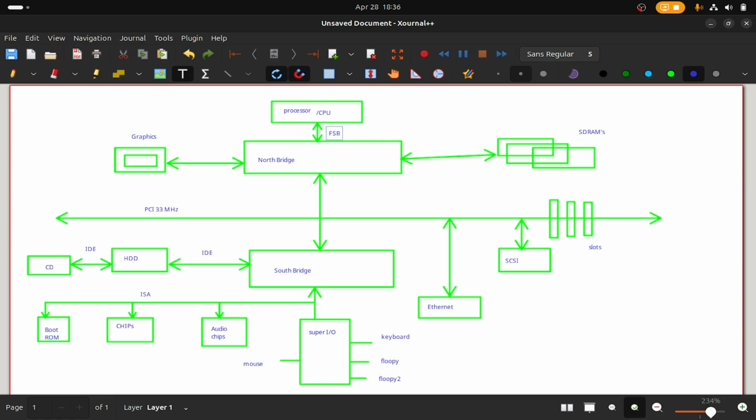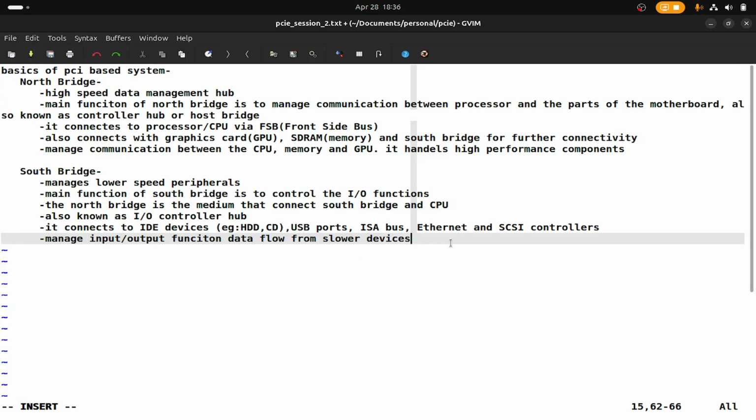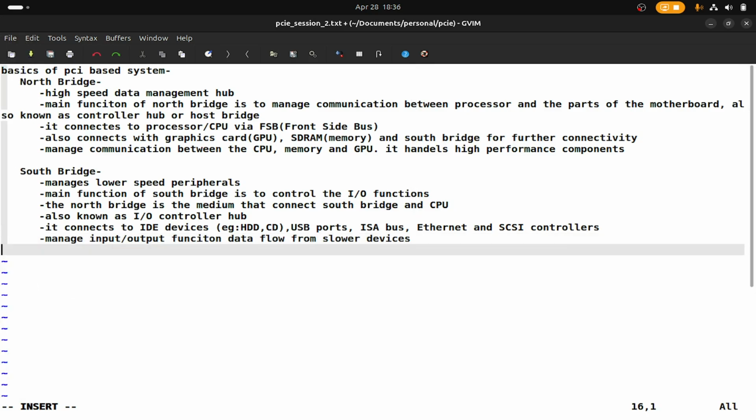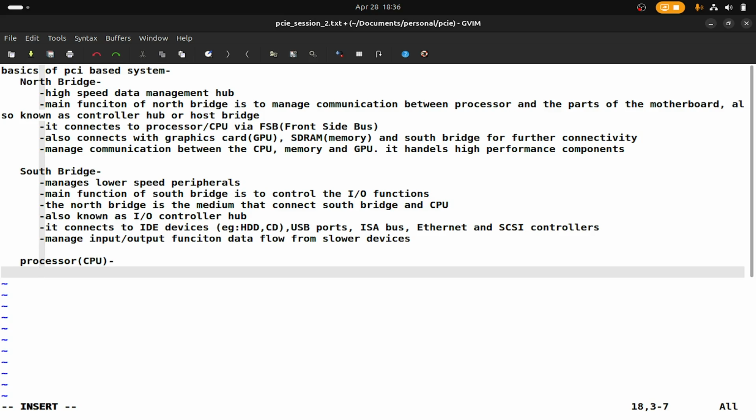So the next point is a little bit about the CPU. Few lines. Processor, central processing unit.